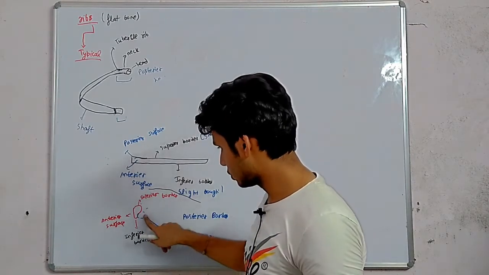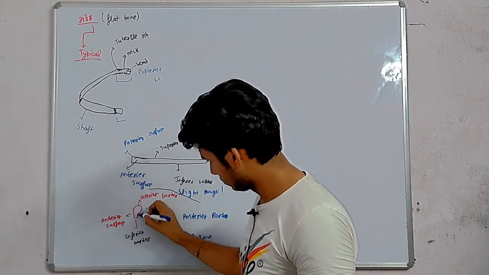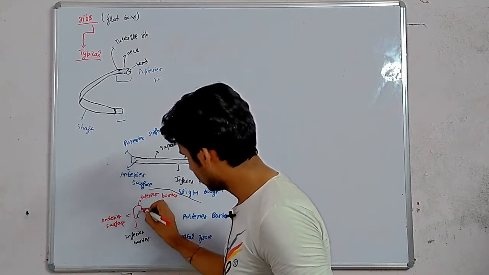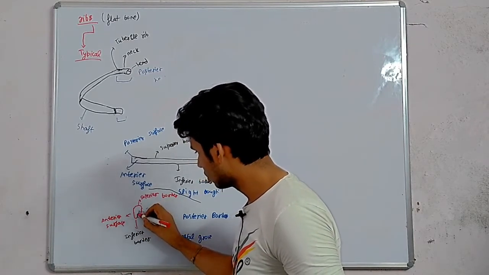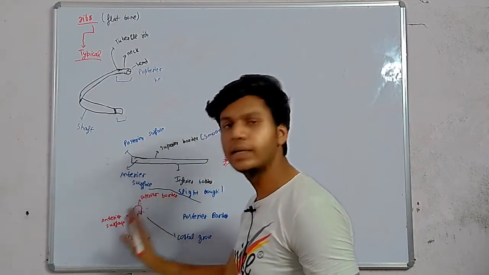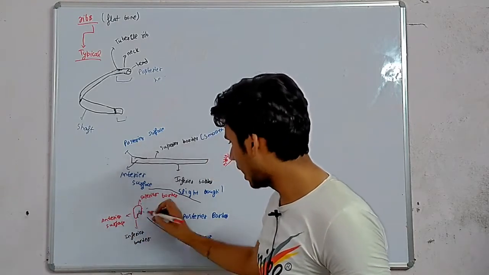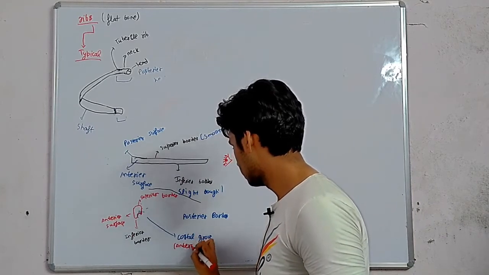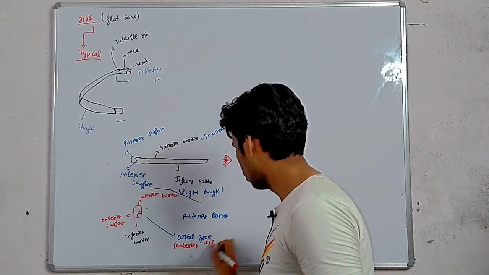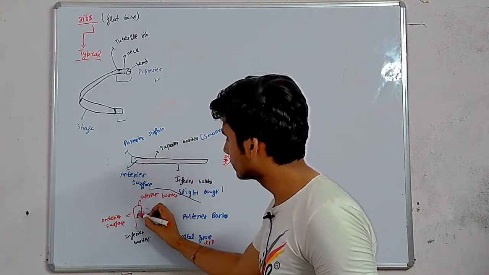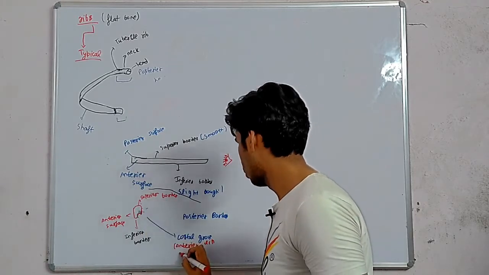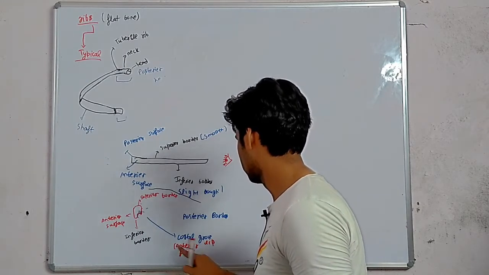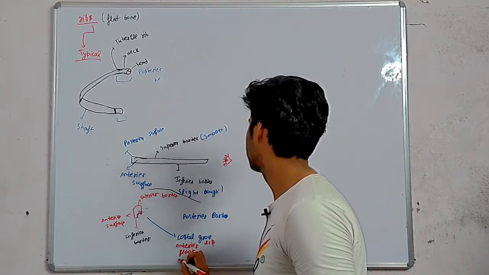And it also has lips like this. It presents a slight costal groove. Anterior lip, posterior lip, and this is the floor. The costal groove has: anterior lip, floor, upper part, and posterior lip.